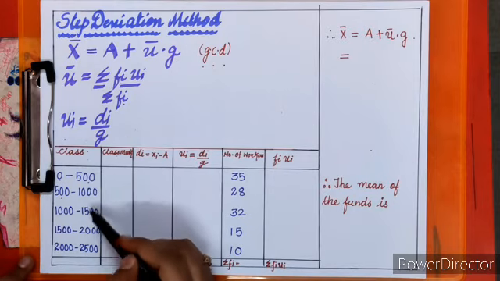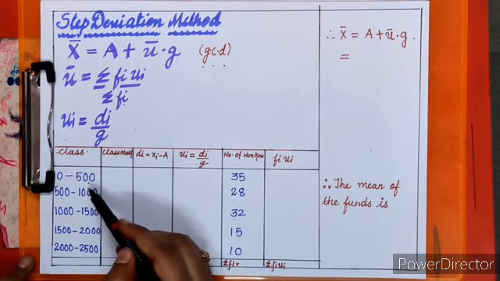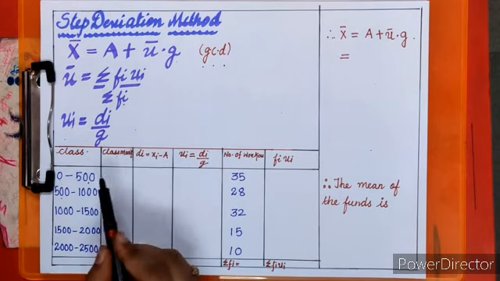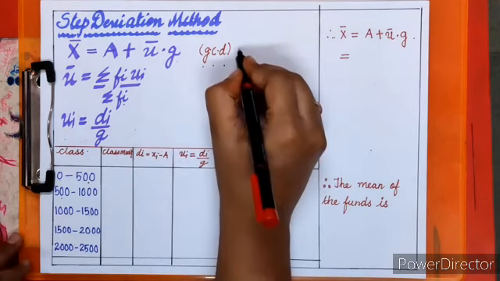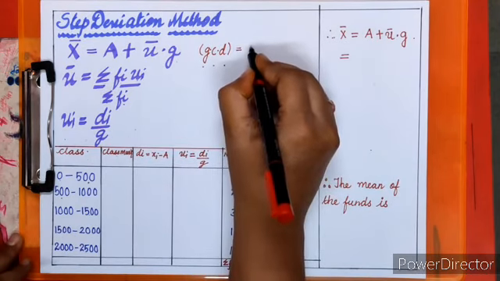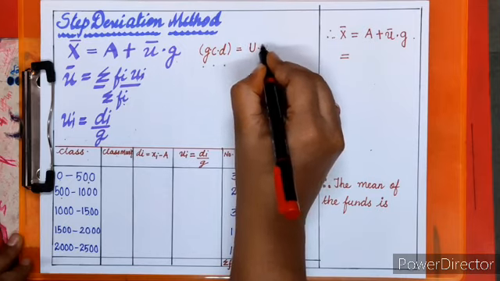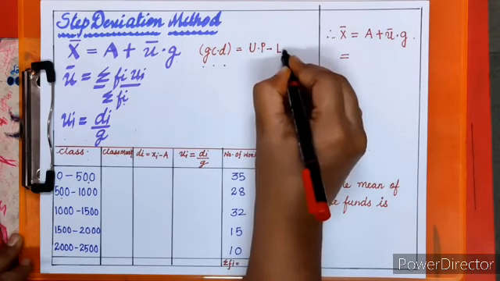So of these numbers, we have to find out which is the greatest common divisor. Or you can say that your G is the height of your class. Height of your class can be calculated by upper limit minus lower limit.